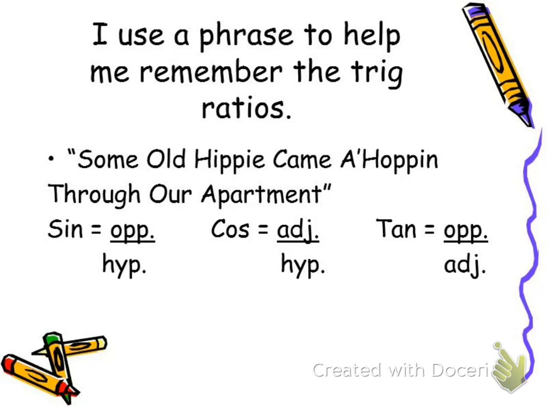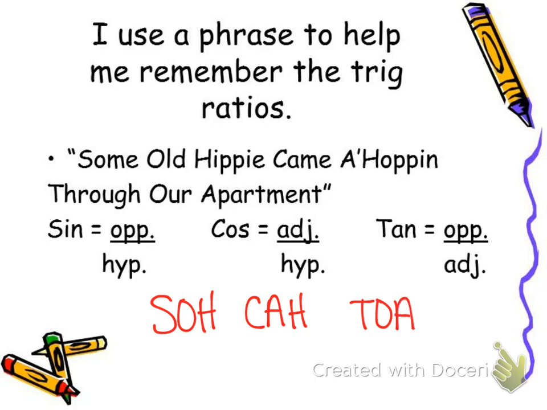So I learned just to use the letters, sine, cosine, tangent. However, it's going to help you remember it. Somebody apparently likes the phrase, some old hippie came a-hopping through our apartment.